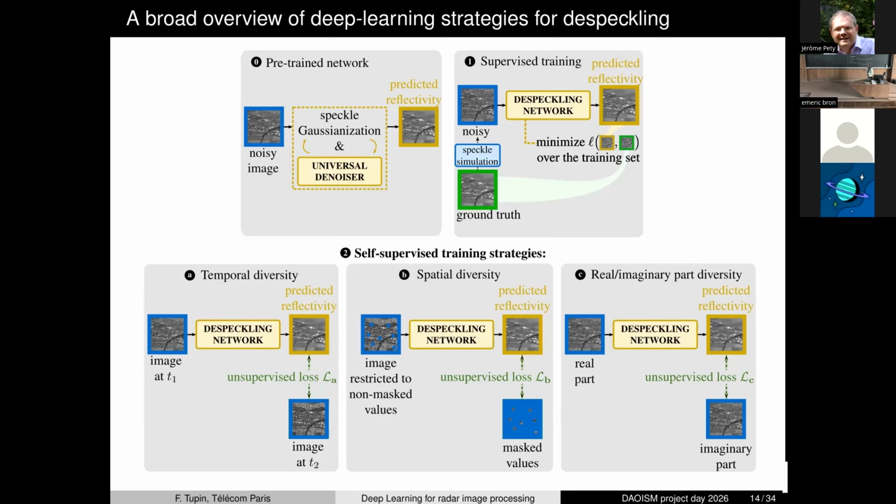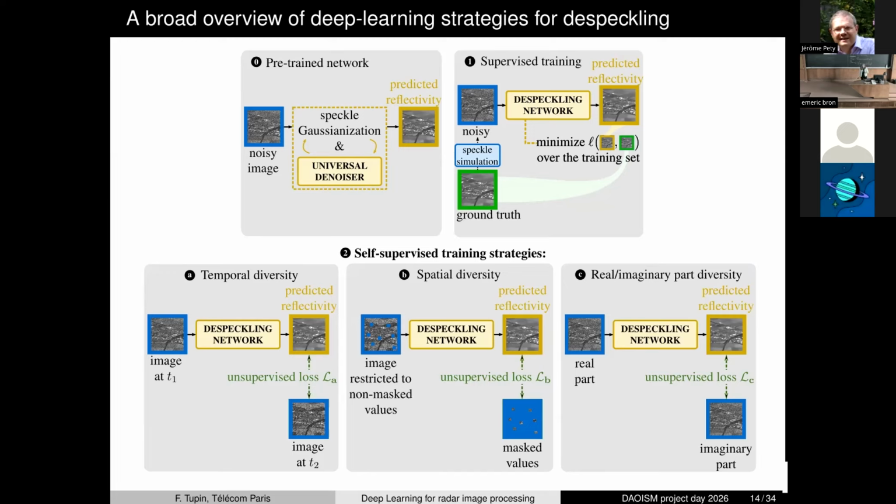But of course, here we have two main problems. First, we don't have any ground truth, because you can't have any radar image without the speckle, because you are in a coherent imaging system. Each time you take an image, whatever the resolution, you will have this coherent phenomenon that leads to the speckle phenomenon. The second point is that you don't have any very good direct model.